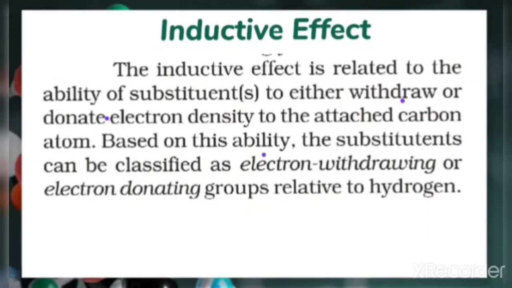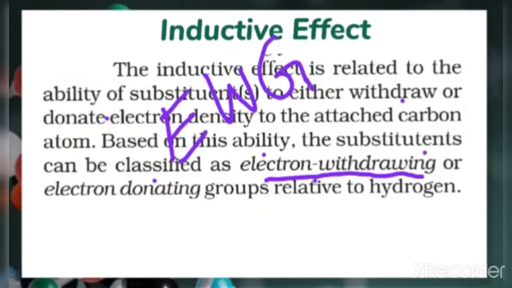So based on this ability, the substituent groups can be classified as electron withdrawing group. I am using the short term EWG, electron withdrawing group.